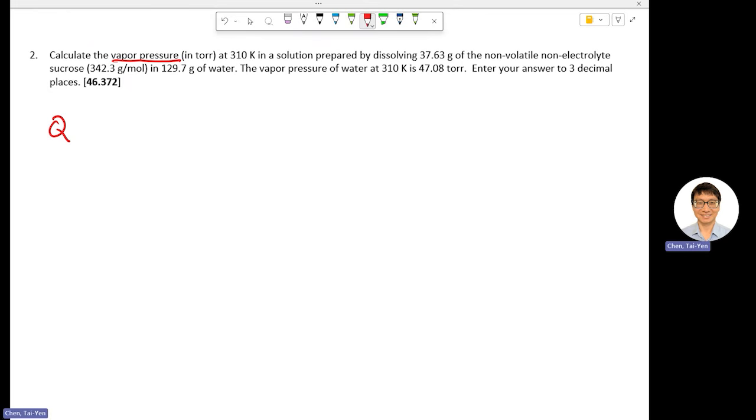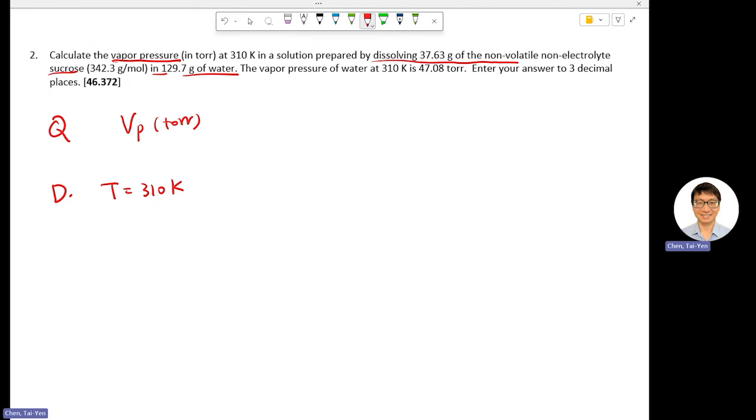So you want to calculate the vapor pressure in torr, right? What's the data that you have? Temperature is 310. Dissolving this in water, what's your solute? Sucrose is the solute, the solid.